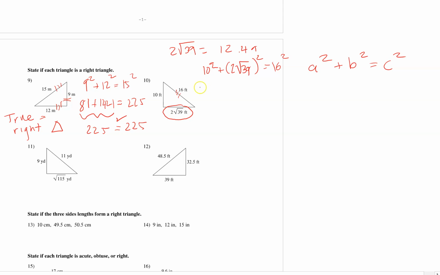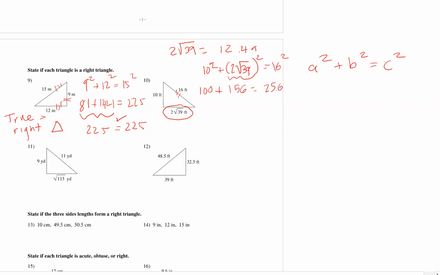So 10 squared gets me 100, and you could do it two ways, but if you have a calculator, you can put this into your calculator. If you do it correctly, 2 rad 39, sorry for the pause, I'm actually putting that into the calculator, you should get 156 over here. And then 16 squared is going to be 256.